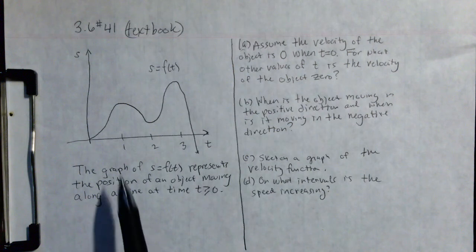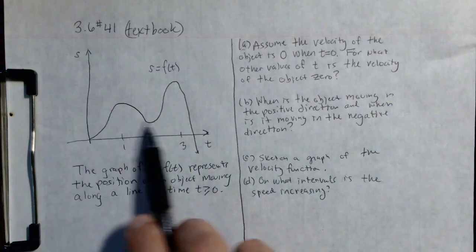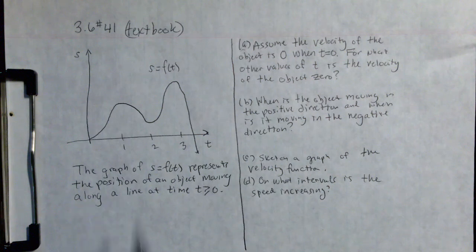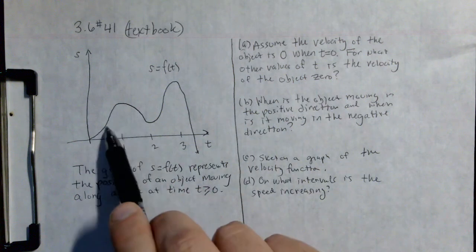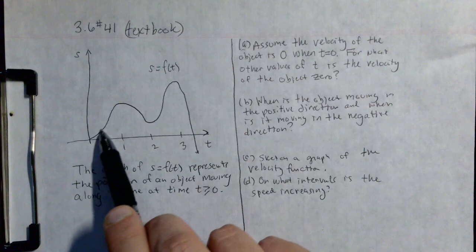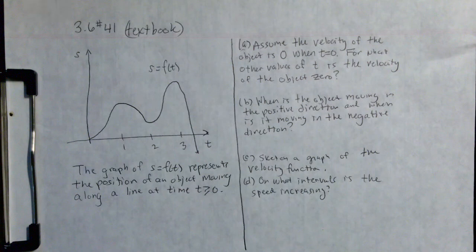Okay, so if you look at this graph and give that some thought, the place where it's going to have a horizontal tangent line is going to be at those turning points. So the position is here, and then it reaches this peak, and then it starts to decline again.